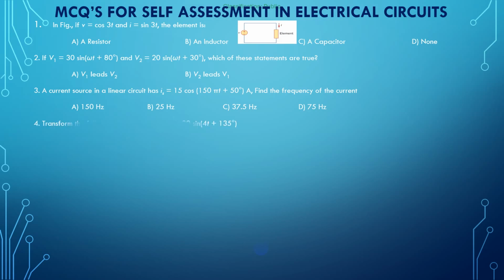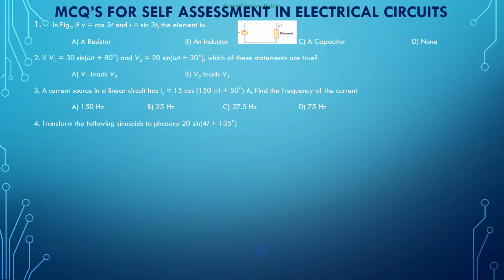Next, transform the following sinusoid to phasor: 20 sin(4t plus 135). Directly by seeing it we can transform, I told you. The first element is nothing but Vm, which is 20. The next, at an angle phi. What is the angle here? 135. So if I write 20 at an angle 135, is it the correct answer or wrong?